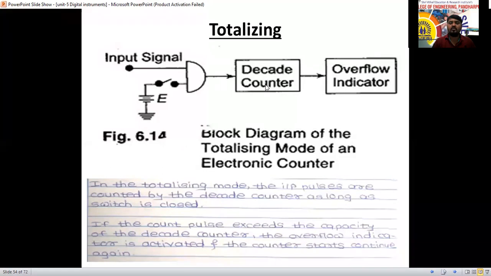So it counts while the switch is closed. During that time, however many pulses or input signals are given to this AND gate, it counts them. That is called a decade counter. In this simple explanation, that is all it does for the input. That's enough here.